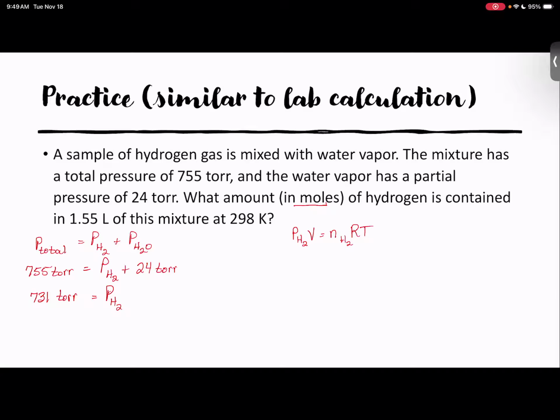Well, to be able to use that, because of the ideal gas constant, I've got to convert that 731 torr into atmospheres. 760 torr is equal to 1 atmosphere. So divide that 731 by 760 and you get a value of 0.962 atmospheres.